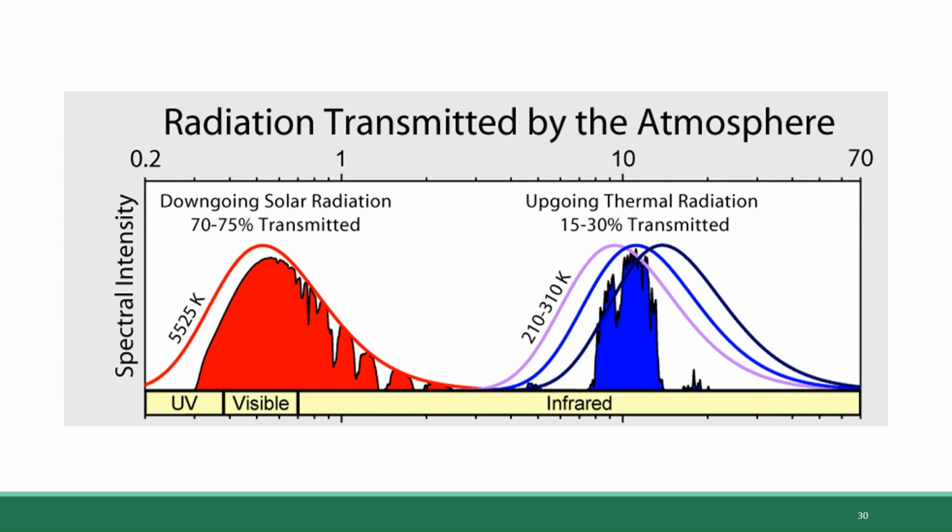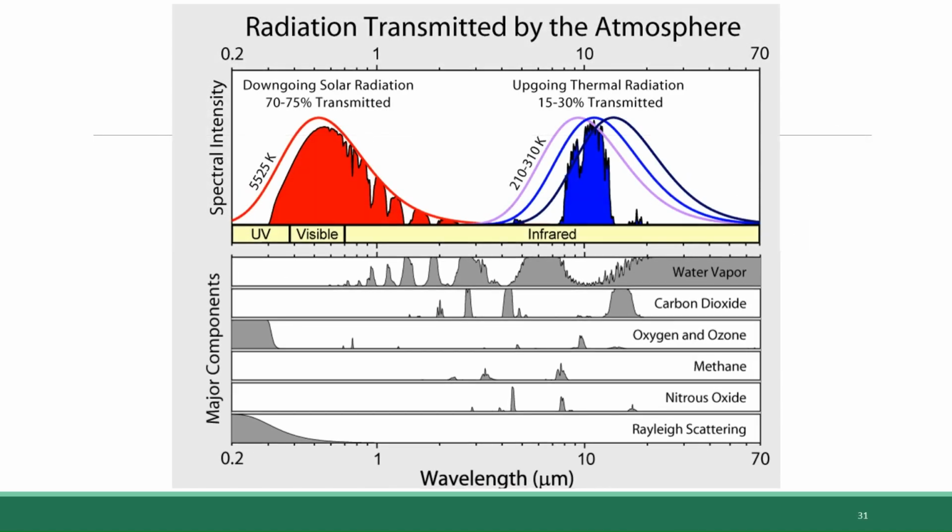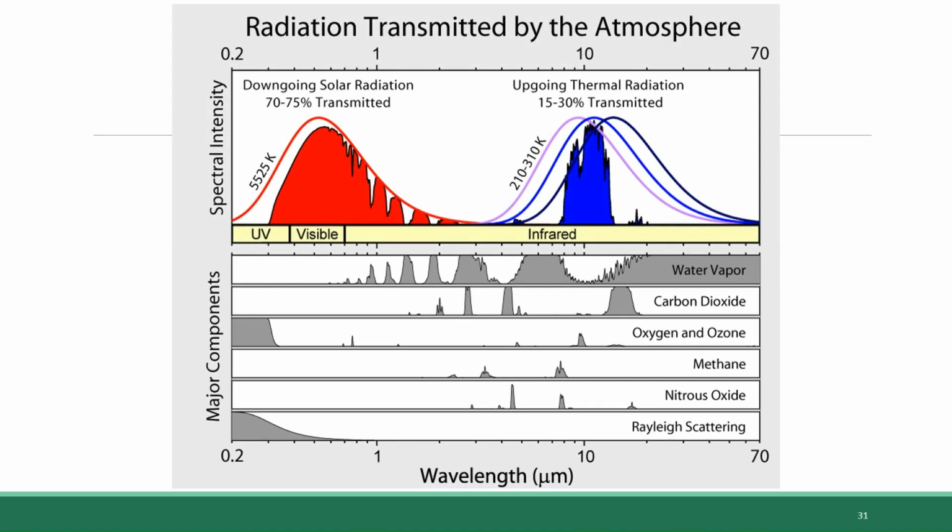If we want to get more detailed on which greenhouse gases are absorbing which wavelengths of energy, here is a figure that shows just that. The bottom part of the figure shows a list of major greenhouse gases, and then the gray peaks on the graph show their capacity to absorb energy.